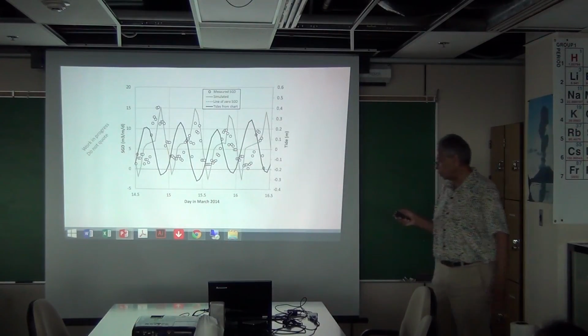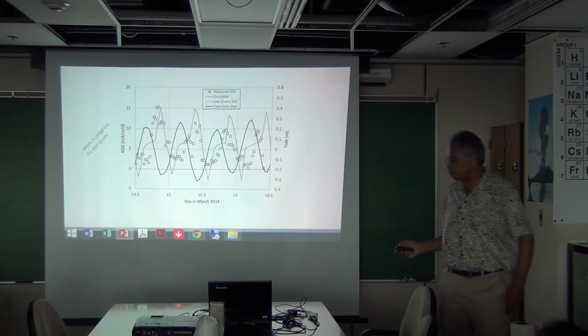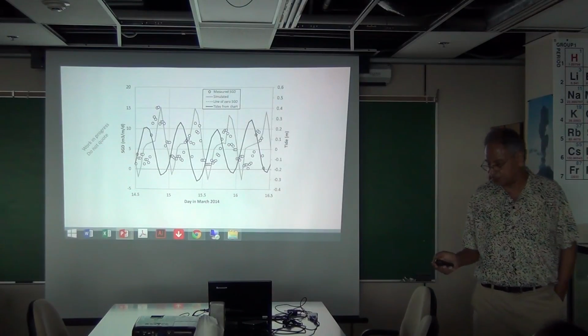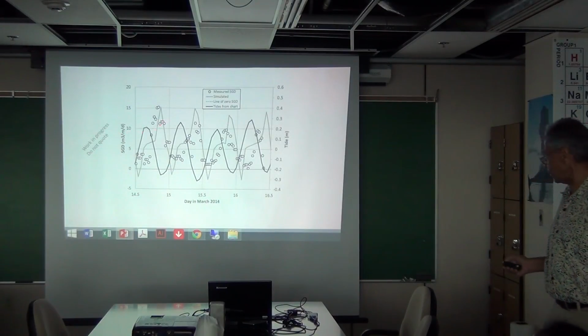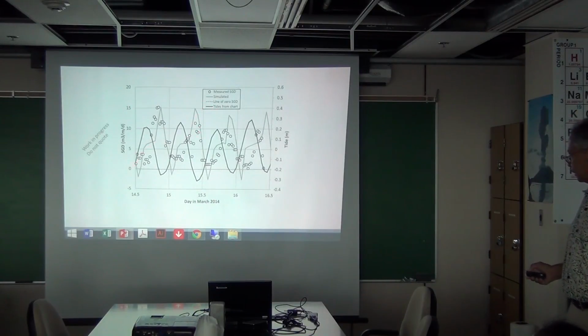And actually, we are not sure about the modeling results. Of course, we are sure about the field data. So what we have here, the circles are the measurements, right? Radon-based measurements. And you can see the tides. The black lines are tides. And as Henrietta explained in the lecture, they are reversed.